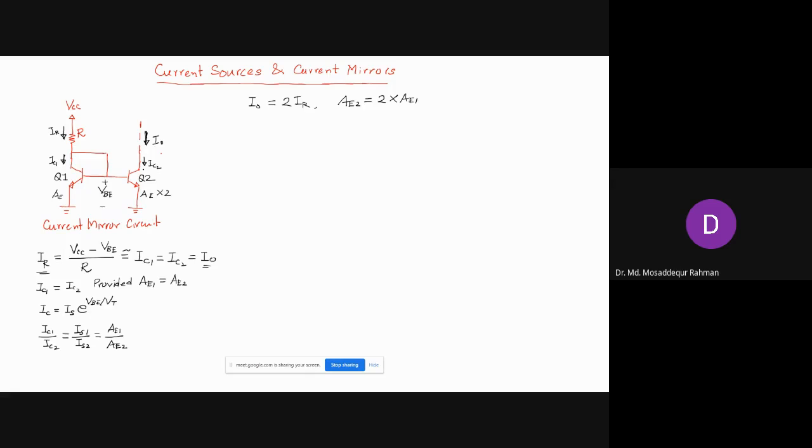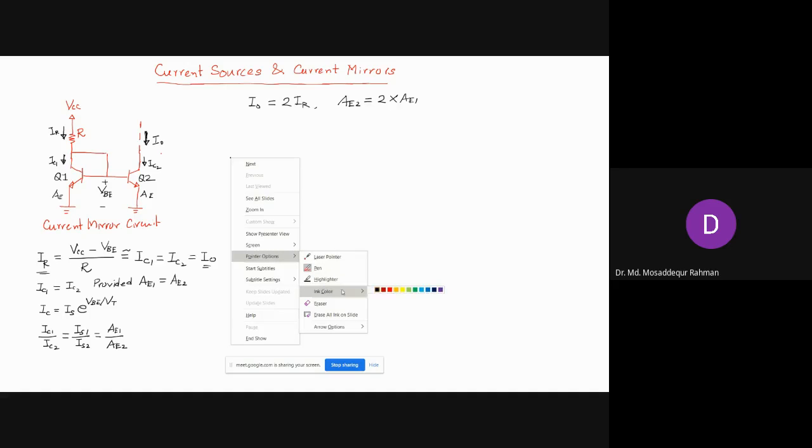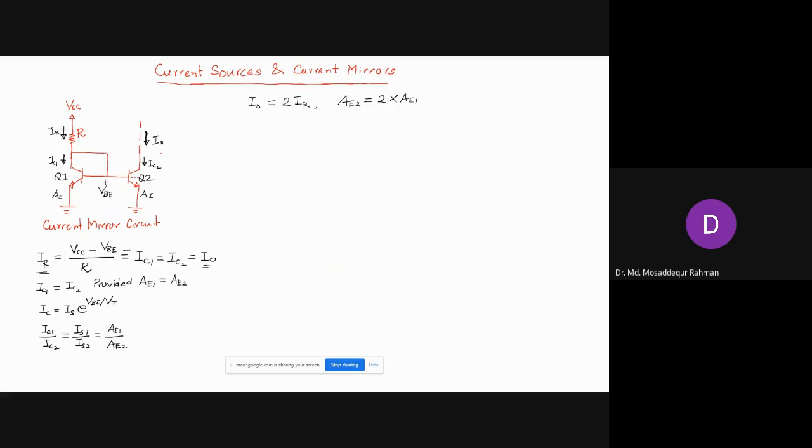So that is one way to indicate it. And another way to indicate this is to just draw another transistor in parallel.